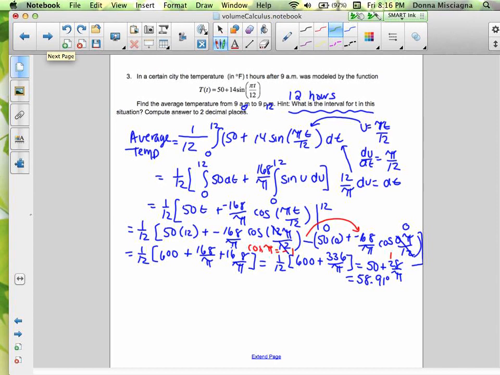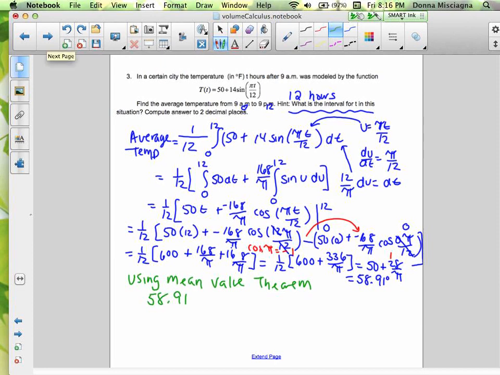Using the mean value theorem, sometimes you may just be asked to set up the problem. That shows you understand it without having to necessarily solve it out.